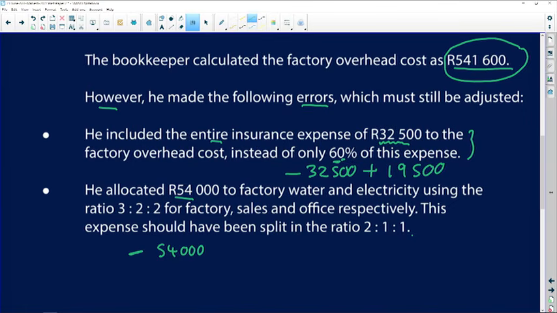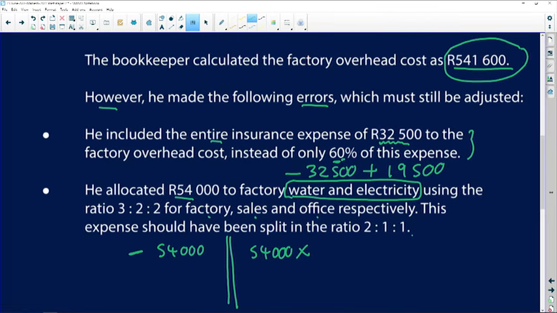First let's calculate the correct amount. I'm going to use the 54,000 and work back to the original total water and electricity combined, in other words factory plus sales plus the office. I want you to watch carefully.